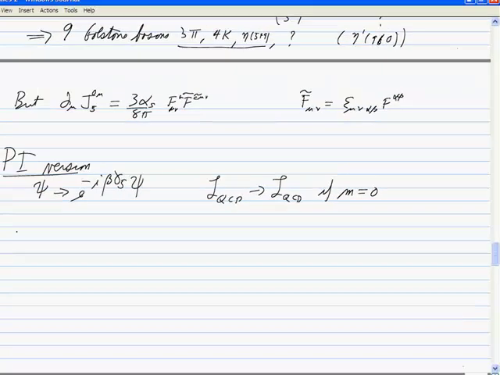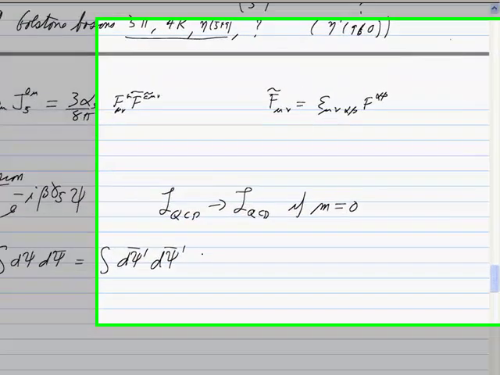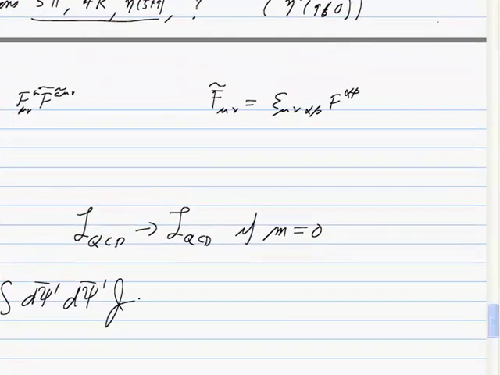However, if you do the path integral, the measure is the integral d psi prime d psi bar prime times some Jacobian.